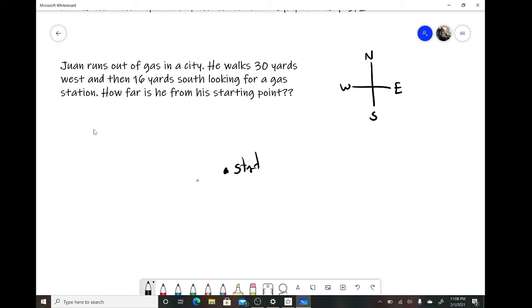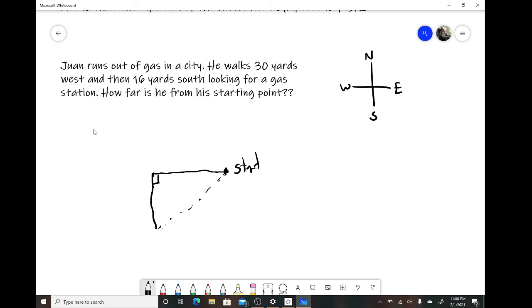We know that he walked 30 yards west. So he went this way, 30 yards. And then he went 16 yards south. The question is, how far is he from his starting point? His starting point is all the way up here. So the question is, how far is he now where he ended from his beginning point?